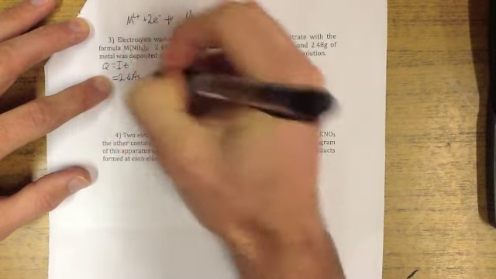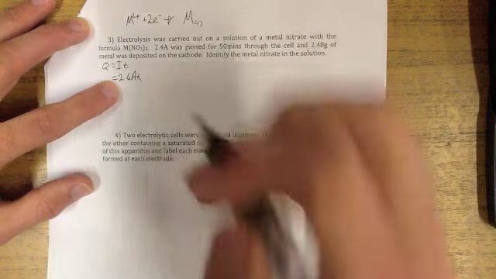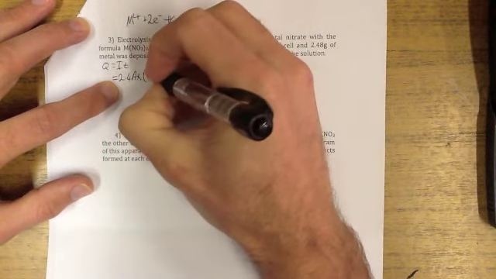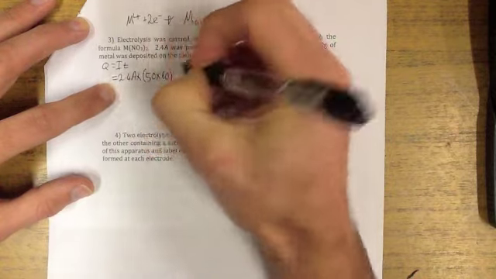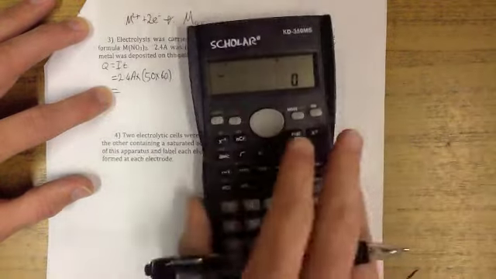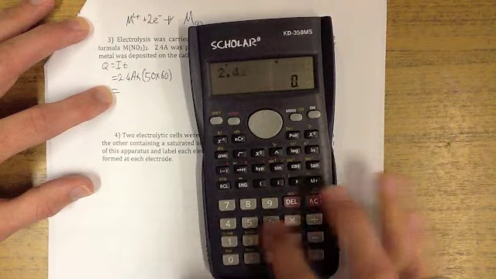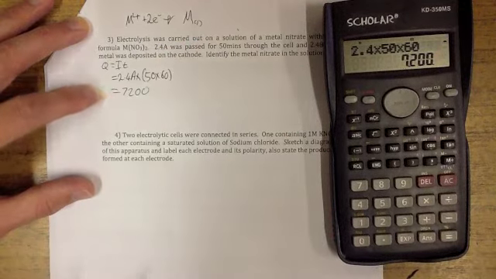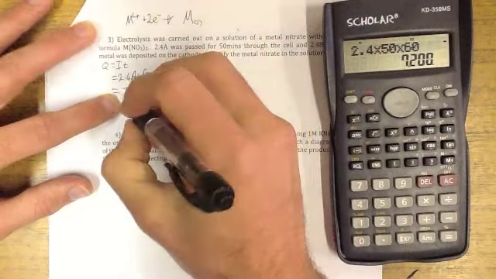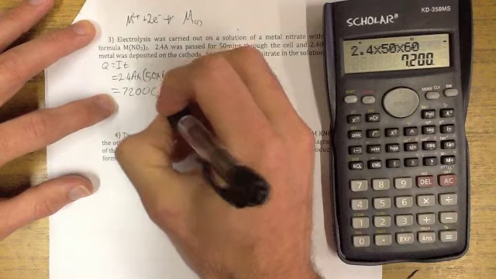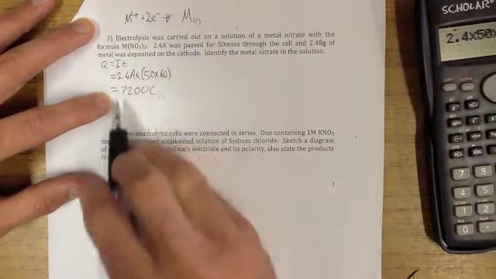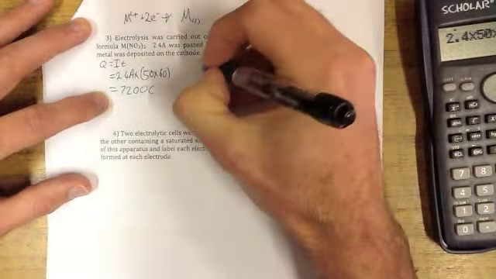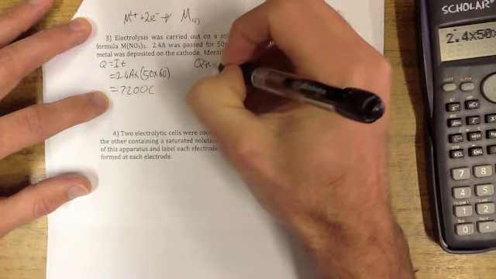My time is 50 minutes, so it's going to be 50 times 60 to bring it back into seconds. So let's do that. I'll do 2.4 times 50 times 60 equals, my charge is 7,200 coulomb.